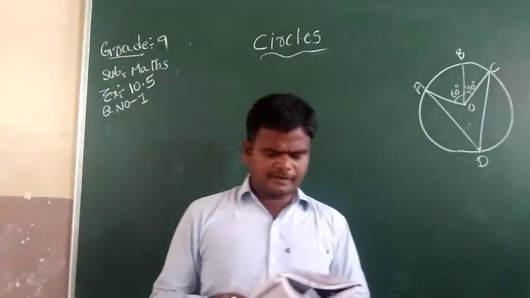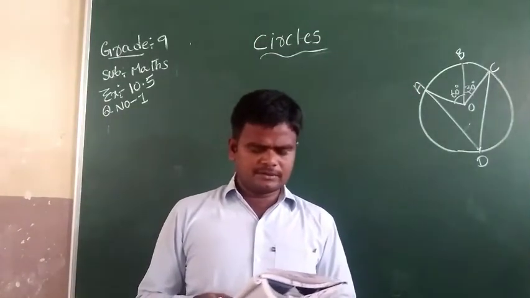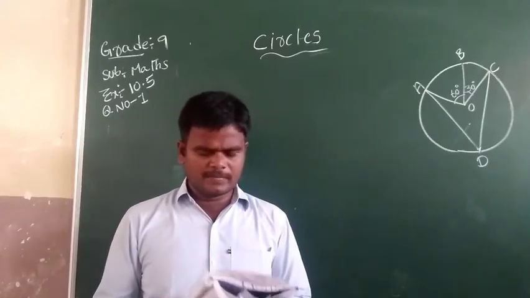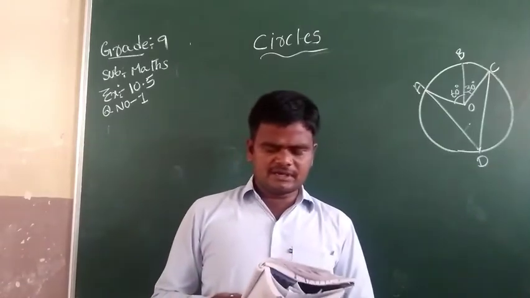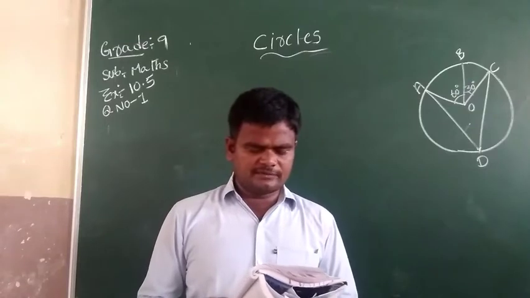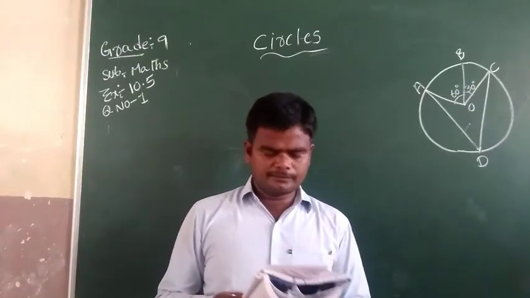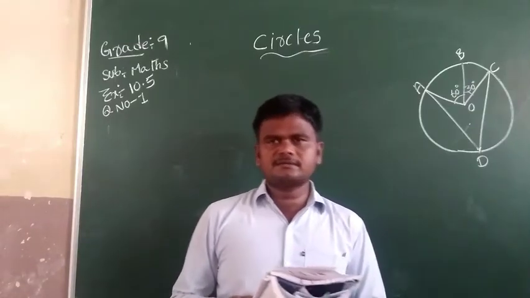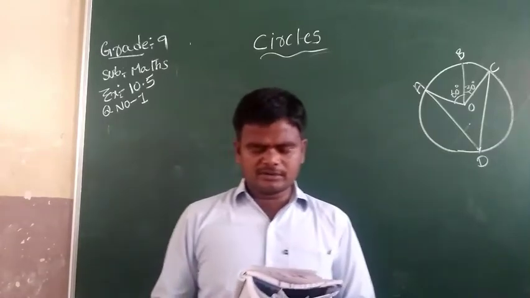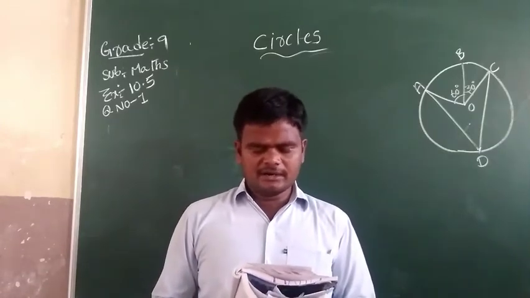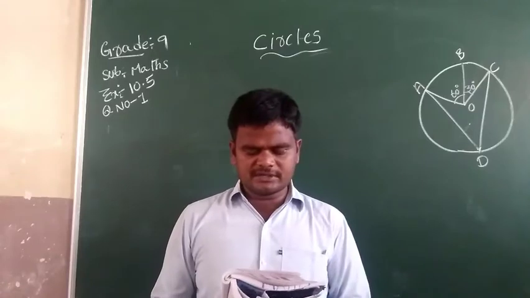Next, exercise 10.5. First one: in figure 10.36, A, B and C are 3 points on a circle with center O such that angle BOC equals 30 degrees and angle AOB equals 60 degrees.